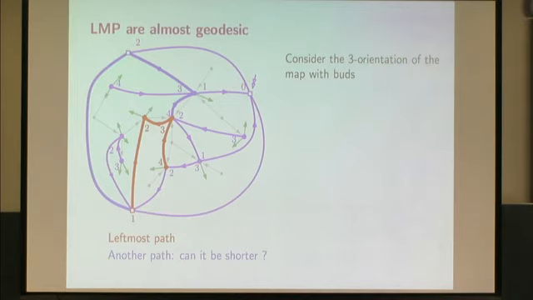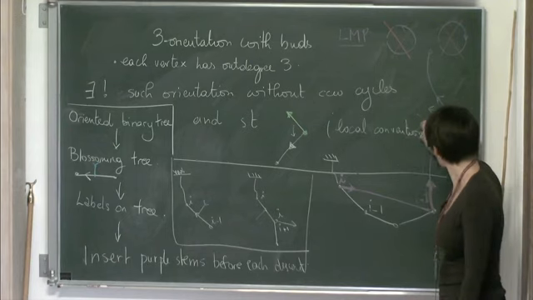And because of this local rule here, you can see that if I'm following a leftmost path, if I have some buds at this vertex, then these buds have to be on the right side of the path, because otherwise, if I had, let's say, a bud here, by my local rule it means that I have an outgoing edge here, and now this is not a leftmost path anymore because this would have been the leftmost path.